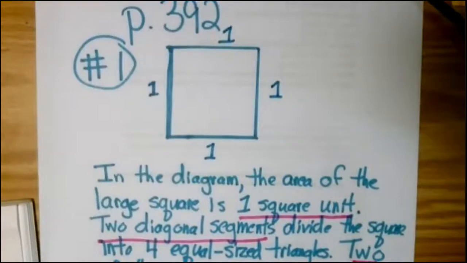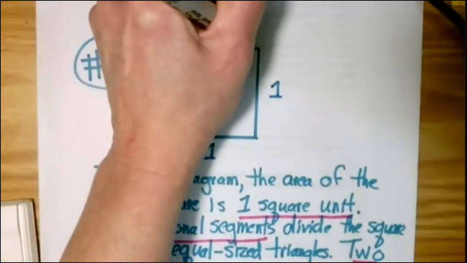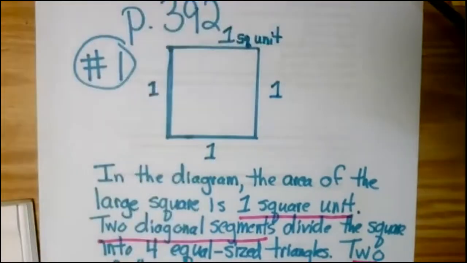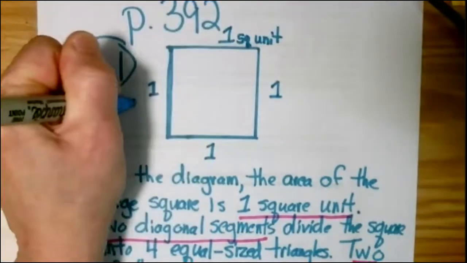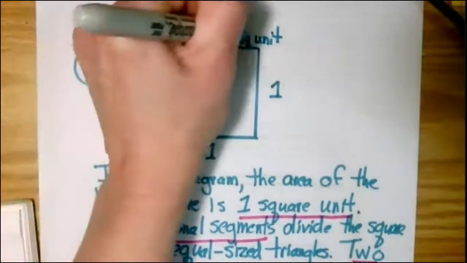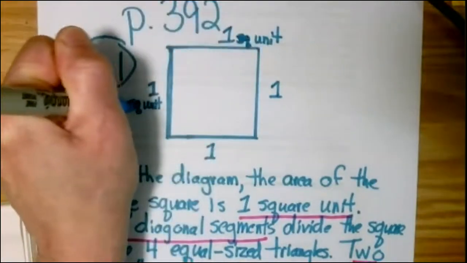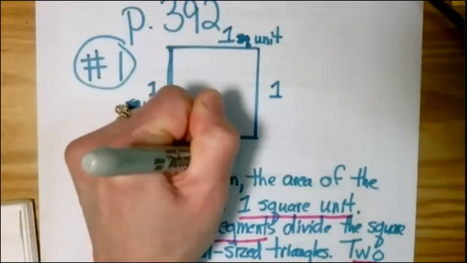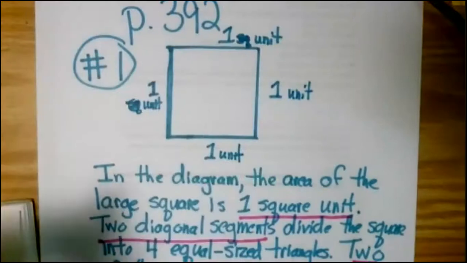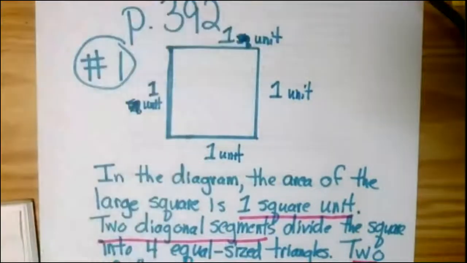And with geometry, again, it's really important to draw your pictures and label your sides. Well, actually, it's just 1 unit. The whole area is the square unit. 1 unit and 1 unit. Area is in square units. Length is in just units, or centimeters or meters or inches, depending on what the unit of measure is.